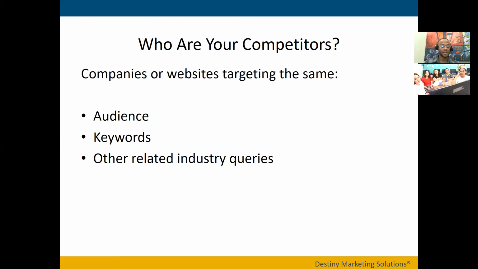Those would be related industry queries. They might not be direct competitors, but you're still targeting that same audience, and they are still an option for your audience. So that's why you also want to look outside the box of just your specific keywords and understand what the other options are for your target customer.